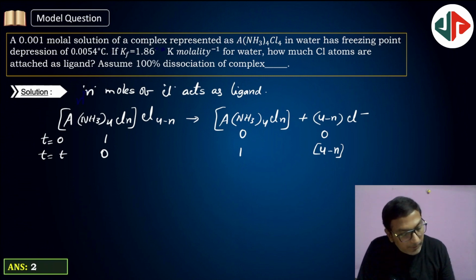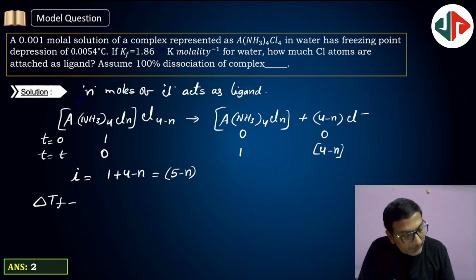So therefore the i value equals 1 plus 4 minus n, total number of particles, that means 5 minus n is the i value. So therefore delta Tf equals i into Kf into molality.